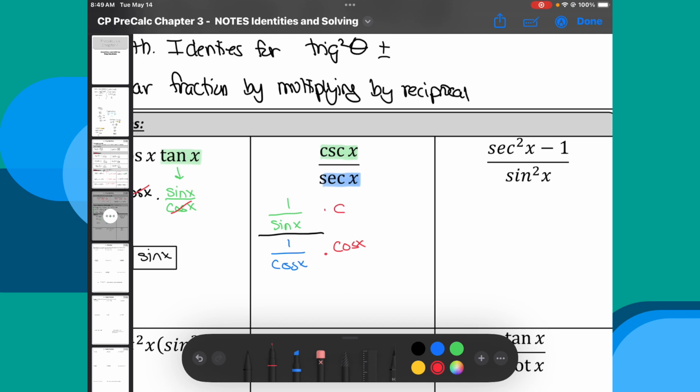I have to make sure that I multiply by 1, so I'm multiplying the numerator and the denominator by cosine x. In the denominator, the cosine will cancel out with cosine. And now our numerator leaves us with cosine x over sine x. Cosine x over sine x is equivalent to cotangent x, so I can simplify that down to cotangent x.